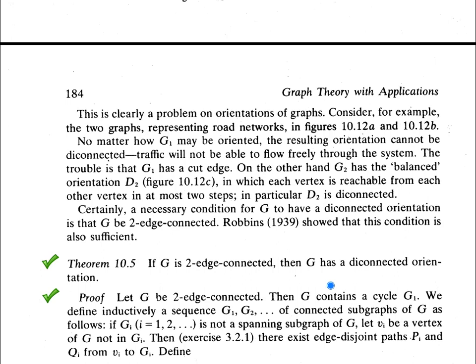Now, are we finished? No. There are other vertices left. For instance, I have this vertex. And so I pick up this vertex. And again, I have two disjoint paths, and I orient one coming from the already settled graph, and the other one going towards the settled graph.